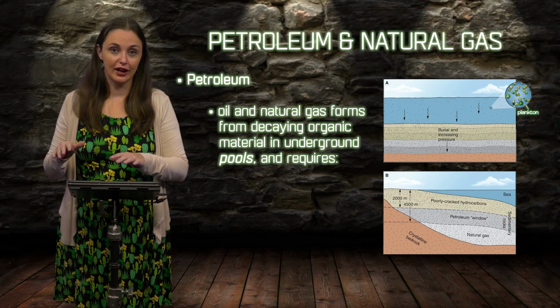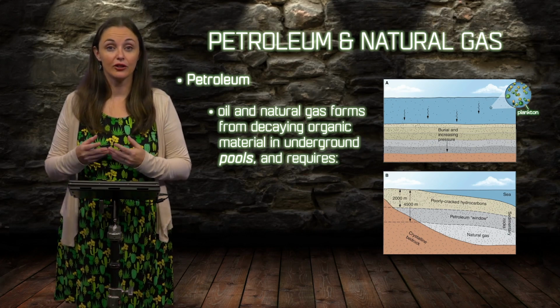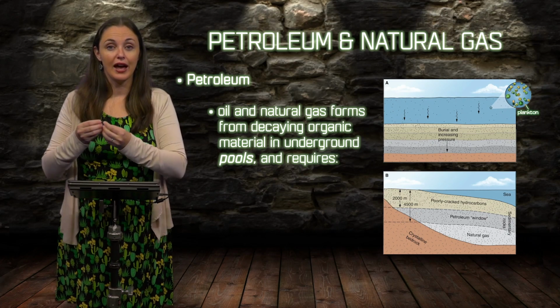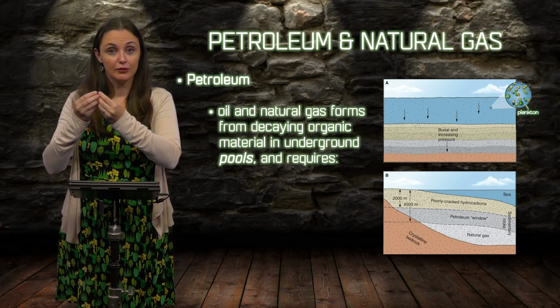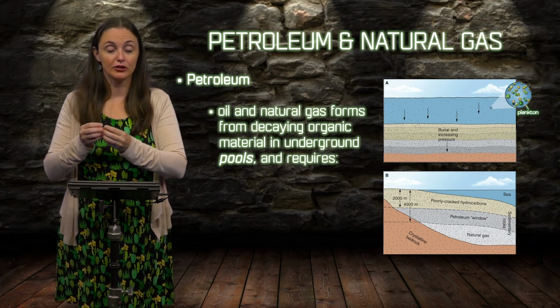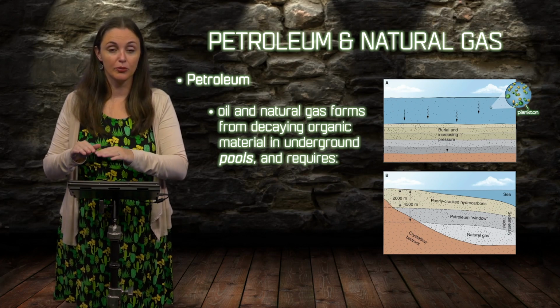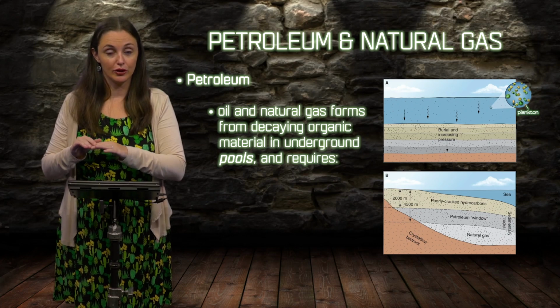It lives out its life as maybe blue-green algae, maybe red algae, and other kind of planktonic organisms. And all of that stuff eventually has to die. And when it does, all of those little microscopic organisms are going to fall down to the bottom of the ocean, and they're going to be deposited on the floor of the ocean.